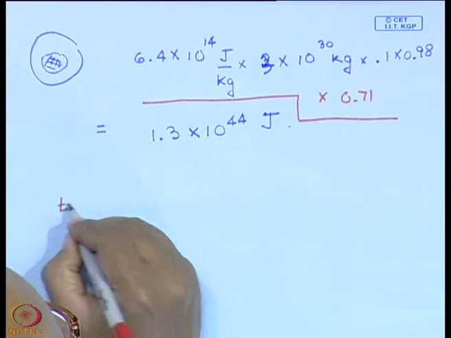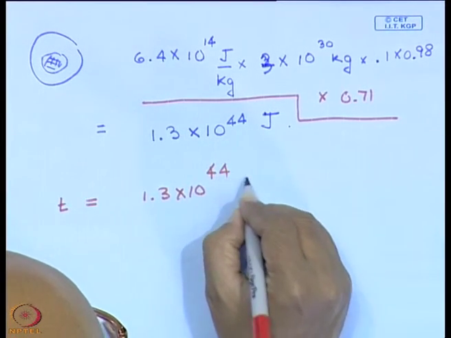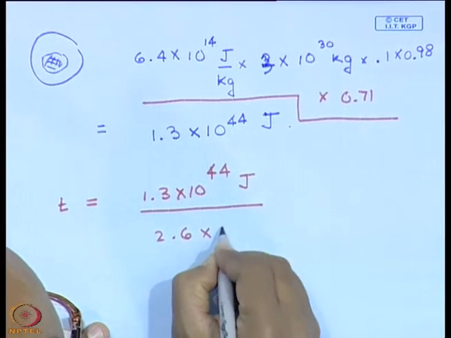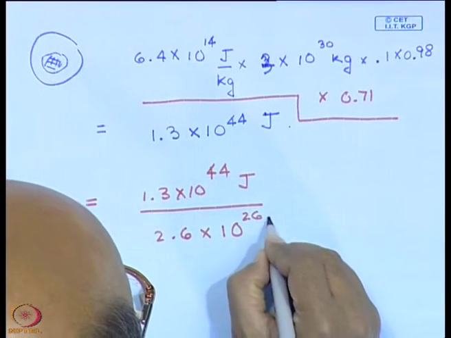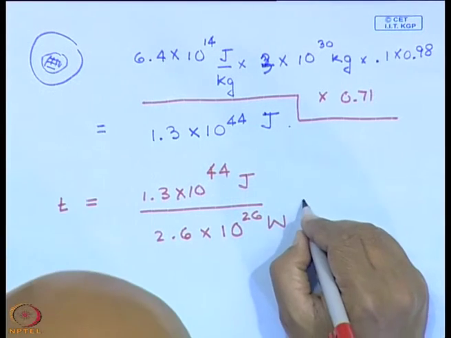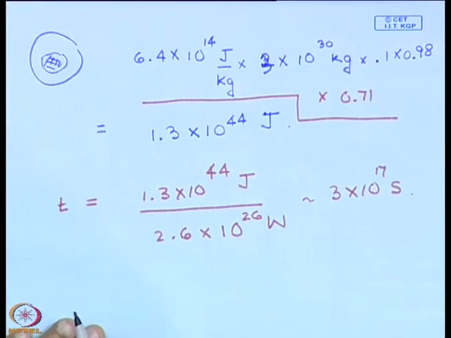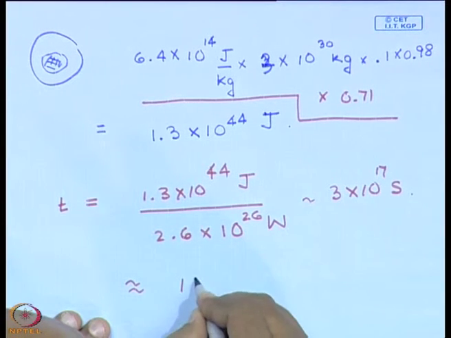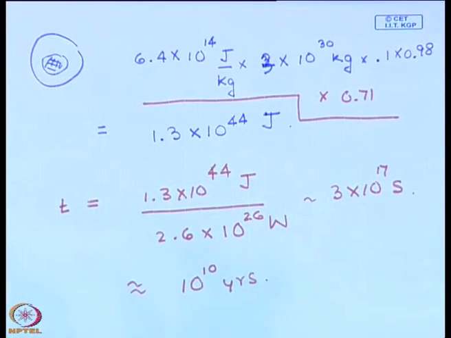This will be 1.3 × 10^44 joules divided by 2.6 × 10^26 watts, which comes out to be of the order of 3 × 10^17 seconds, which is of the order of 10^10 years, and which is more than the known age of the solar system, 4.5 billion years.